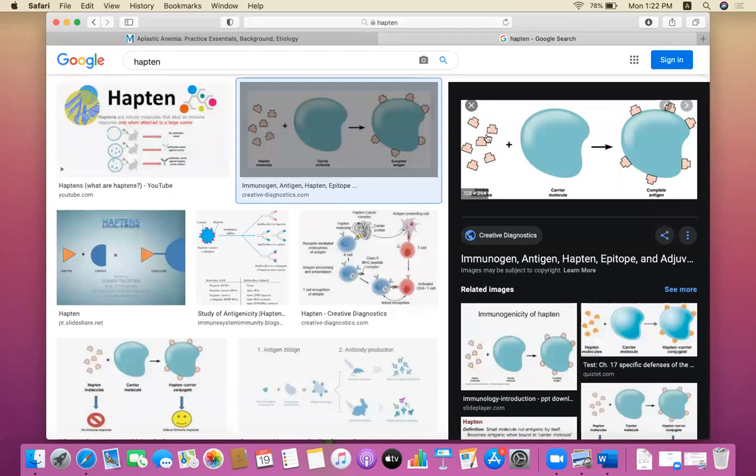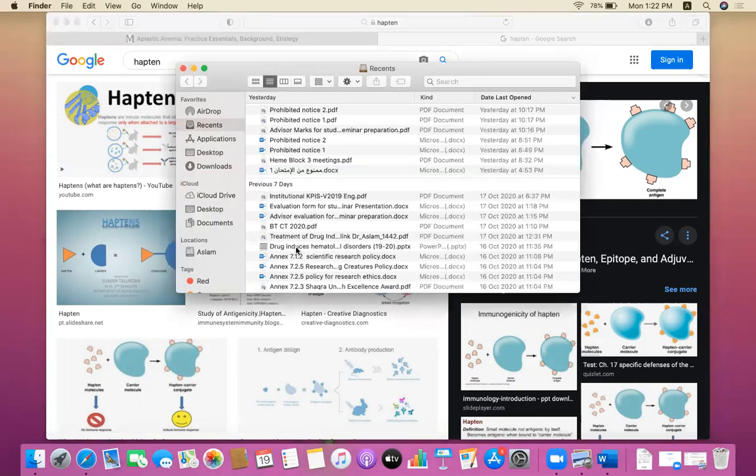See here, this is a hapten molecule and it binds with the carrier molecule, which has a high molecular weight, we can say the protein, and it is responsible for the complete antigen antibody reactions. Let us go back to our lecture.